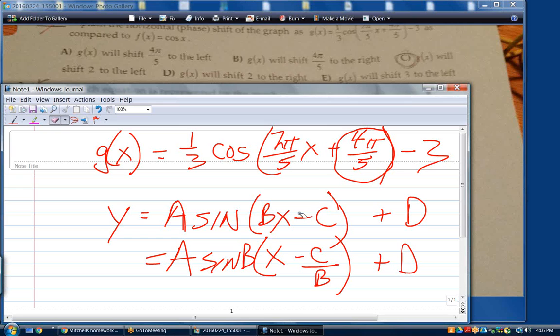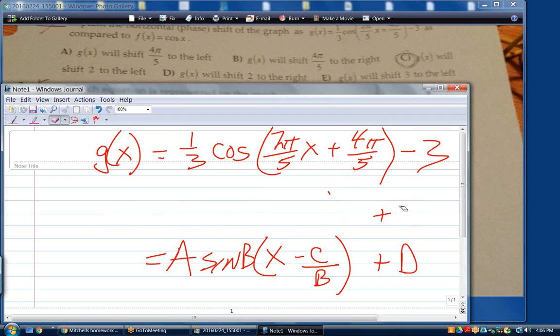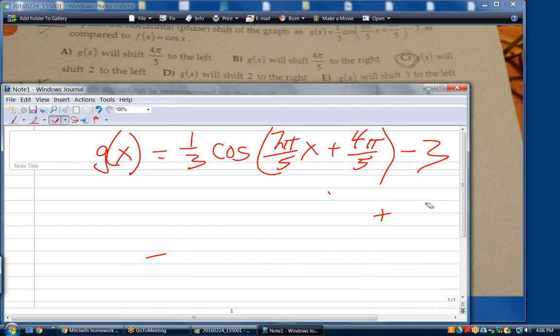There's a lot of times where this is the format you want it in, and there's lots of times where this is the format you want it in. Just so long as you know. All right. And whether it's cosine or sine does not affect the phase shift at all.